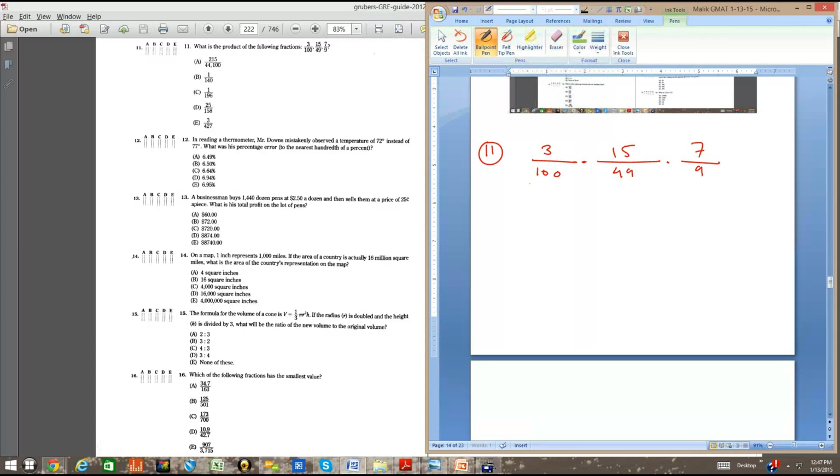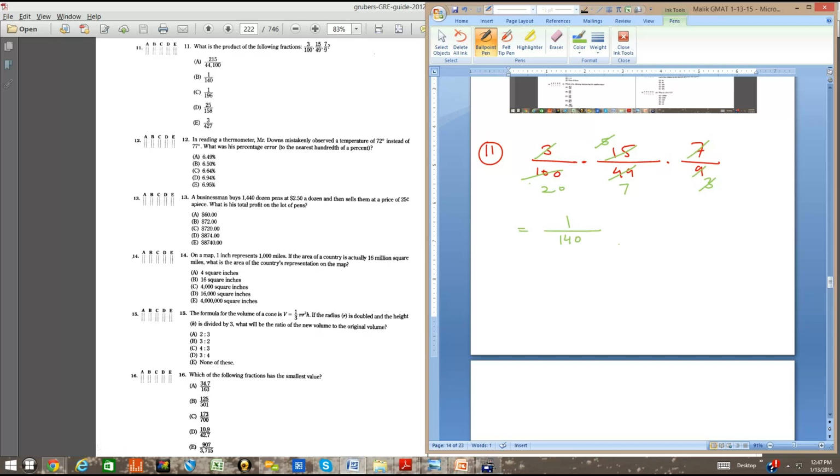Like 49 and 7, which is 7, right? 3 and 9, that's 3. 3 and 15, that's 5. 5 and 100, that's 20. So you basically have 1 on top, multiplied it out, 140.